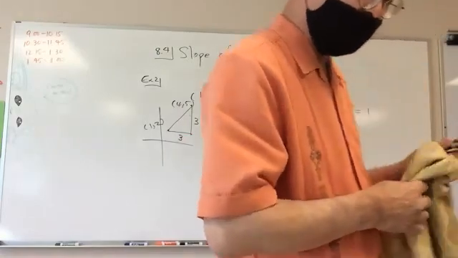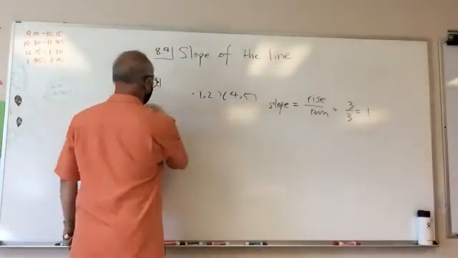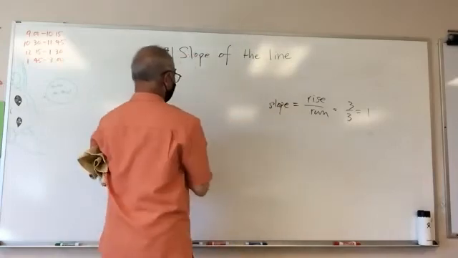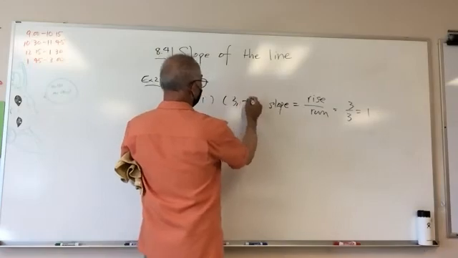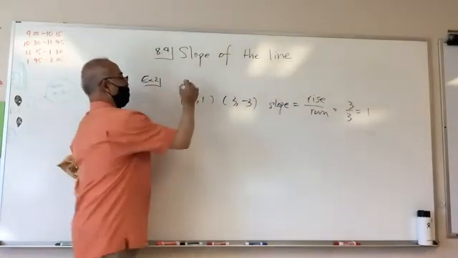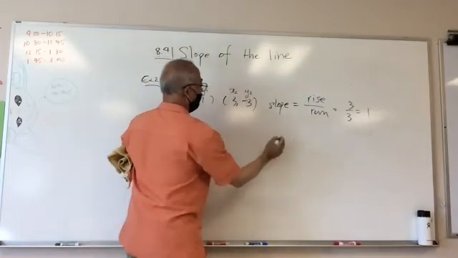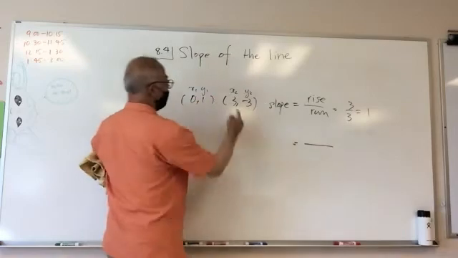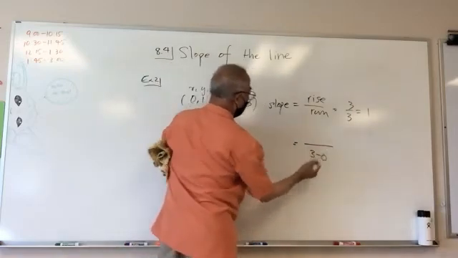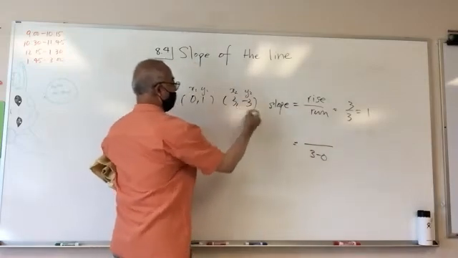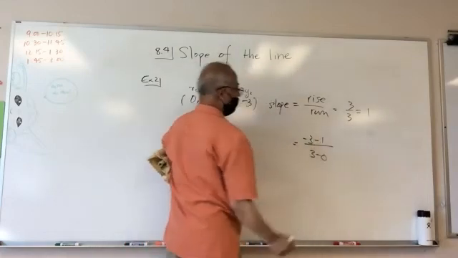Let's go to B. In B, I'm given the 2 points 0, 1, and 3, negative 3. So I can go ahead and label x1, y1, x2, y2. So my slope is the run, x2 minus x1, 3 minus 0, and the rise, y2 minus y1.